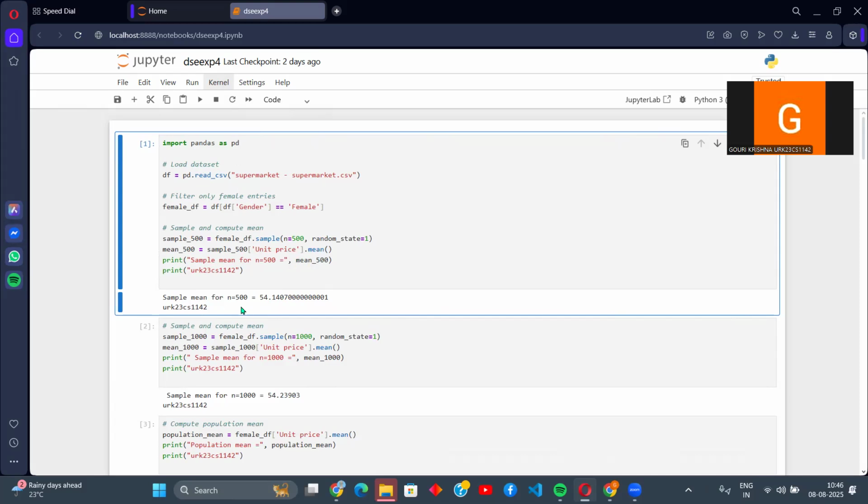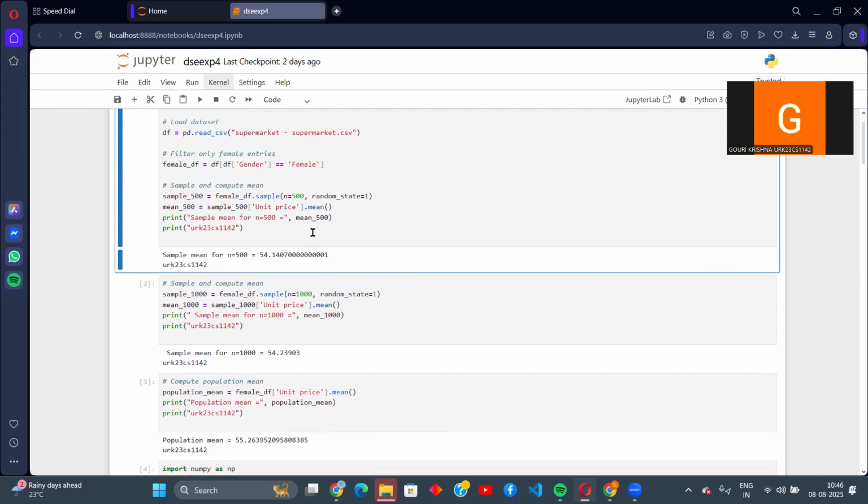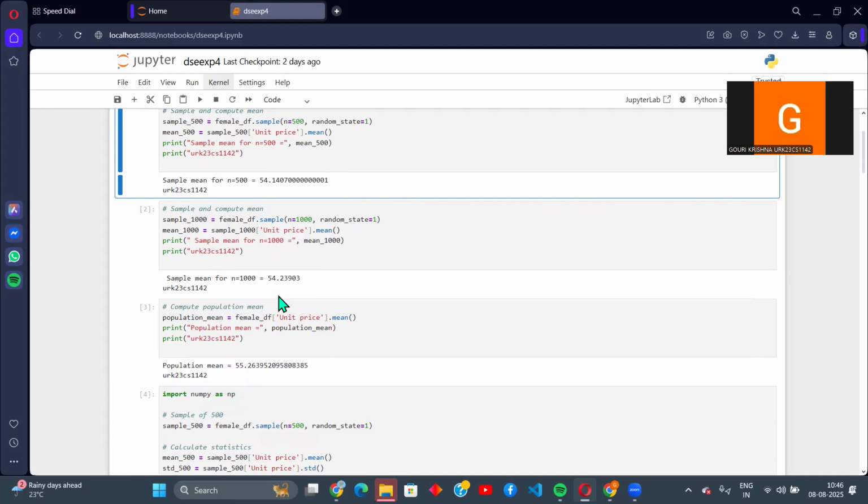This is the output. The second question is sample and compute mean.